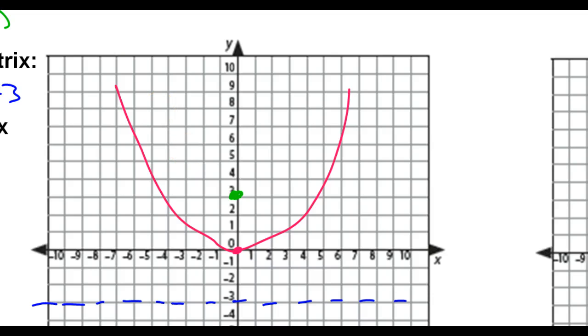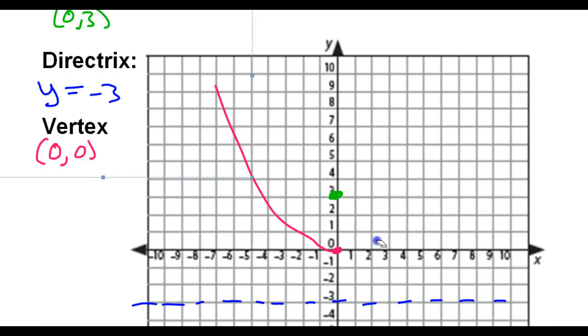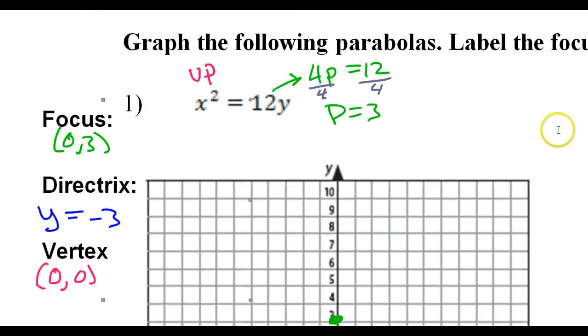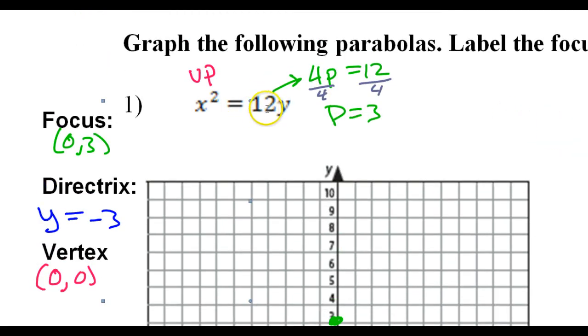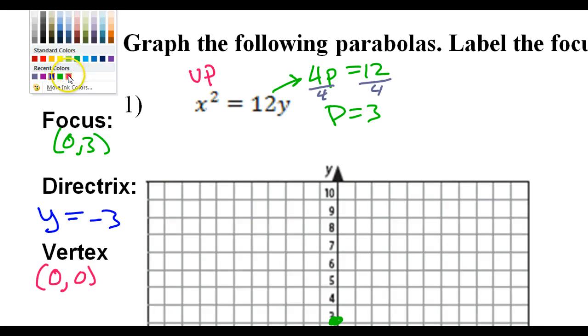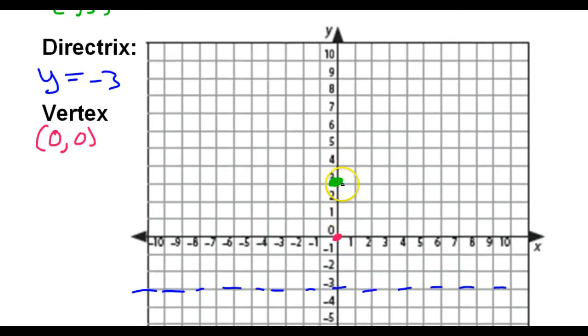Okay, so let's make our graph more precise by using the focus width. The focus width is 12, because see the 12 right there? So that means at the focus, there will be a width of 12. In other words, 6 to the right and 6 to the left.